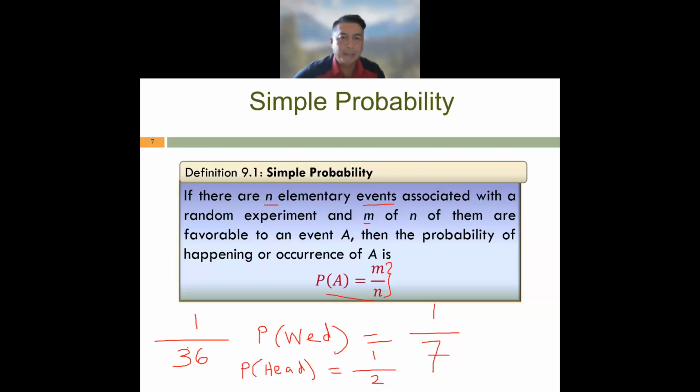So this is a simple probability in which we count the number of all the possible outcomes, and the event that occurs having the characteristic that you have mentioned.